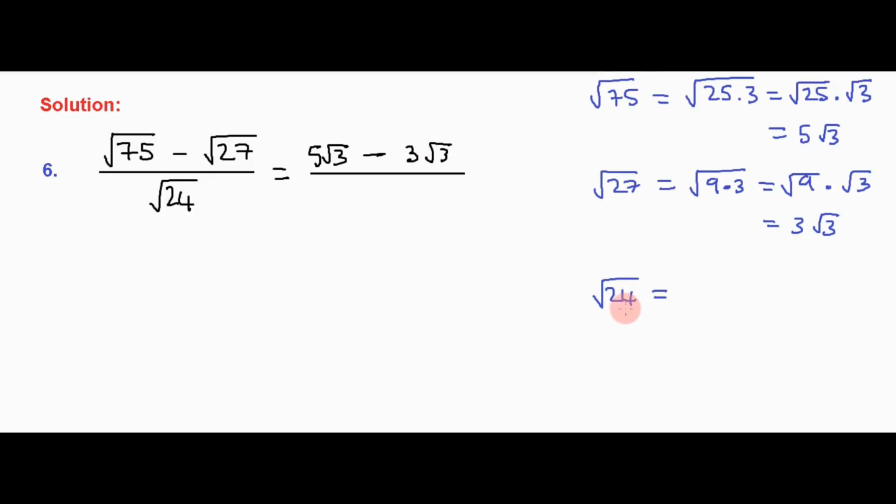The largest perfect square that goes into 24 is 4. And it goes 6 times. So we can write this as a square root of 4 times the square root of 6, which is twice the square root of 6. So twice the square root of 6.